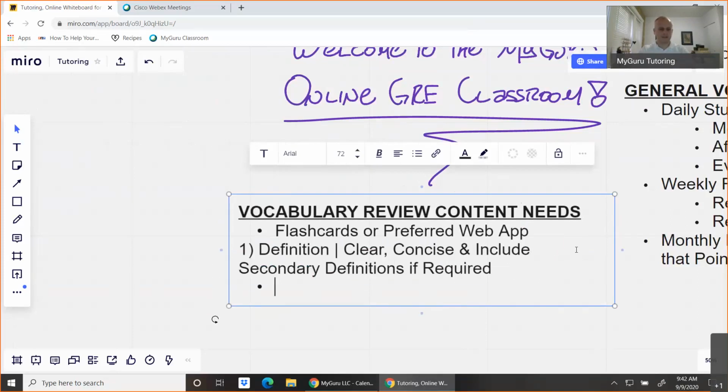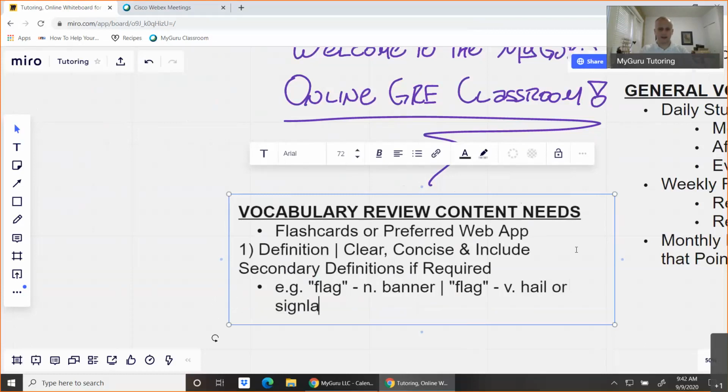So, for instance, the term flag. A flag could be the noun meaning a banner, right? Like an actual flag of, say, Portugal. That would just be one definition of flag. Or if you have flag as a verb, that could be something like to hail or signal, like I'm going to flag a taxi.